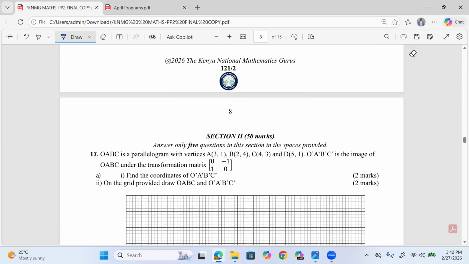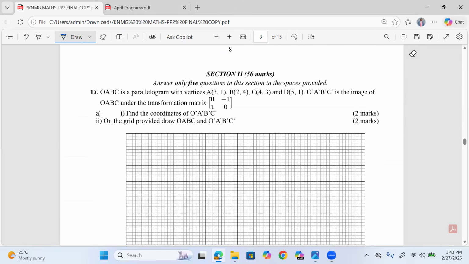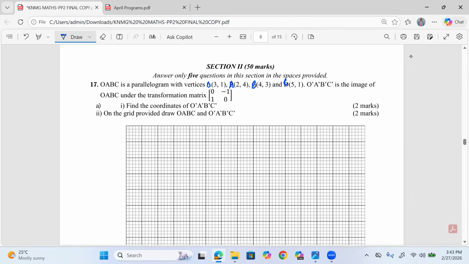Number 17. We are told that OABC is a parallelogram with vertices. You can see the vertices stated there. I think there is a typing error. This is supposed to be O, A, B, C. We don't have any D anywhere.